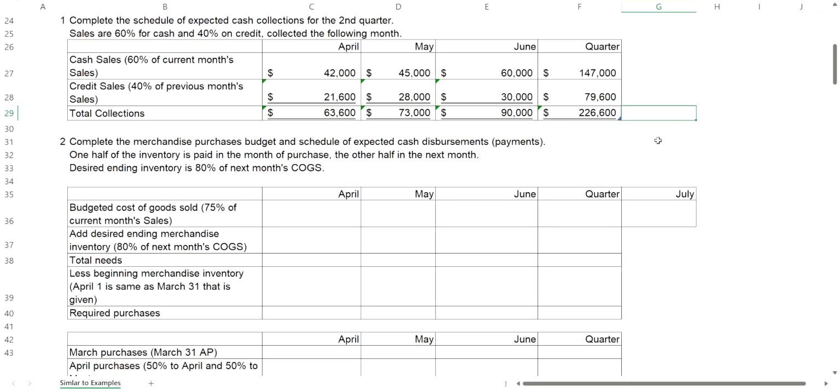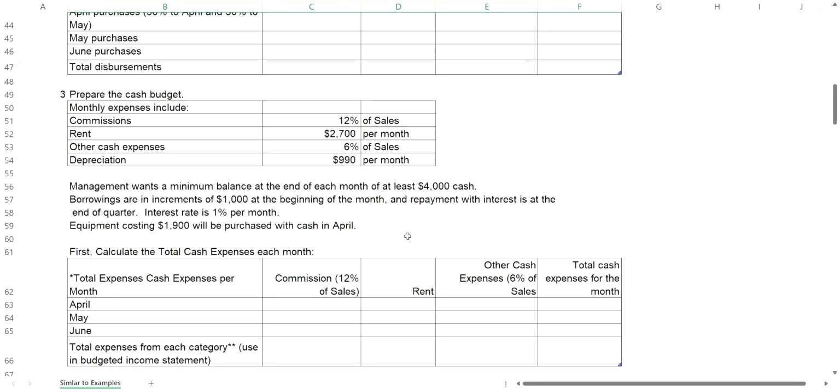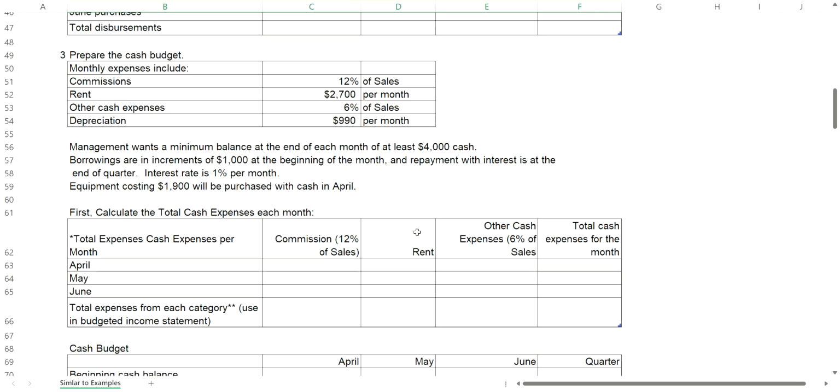Now what I'm going to do is skip for a moment to part 3, because right here is my expected cash collections for April, May, and June. So 63,600, 73,000, and 90,000. I'm going to bring it down to part 3 to my cash budget as expected cash collections.